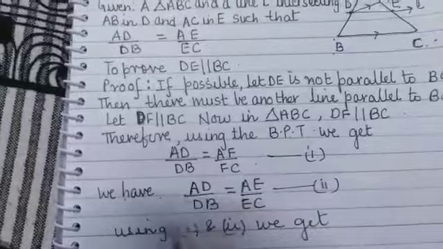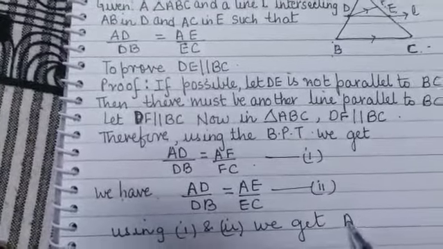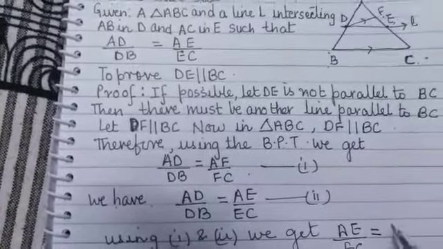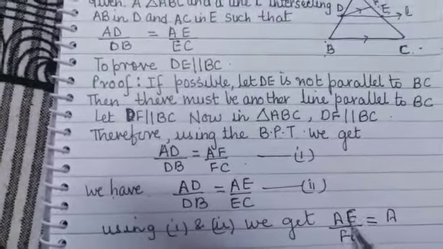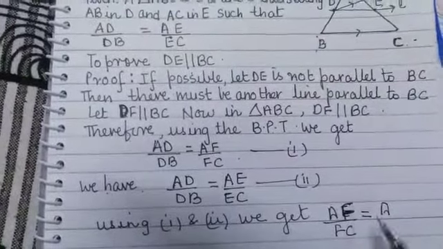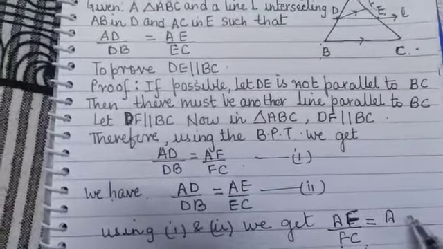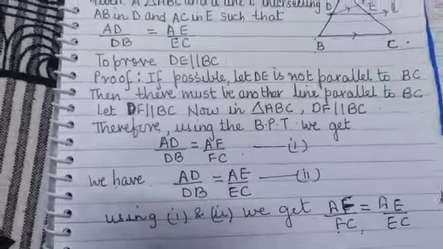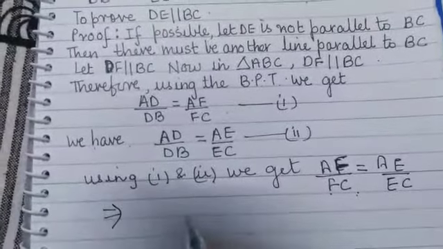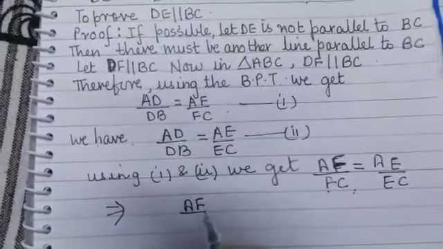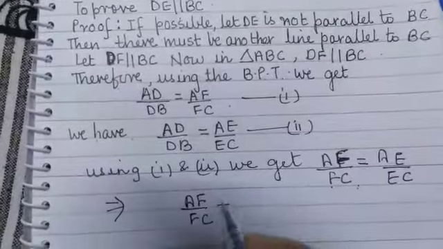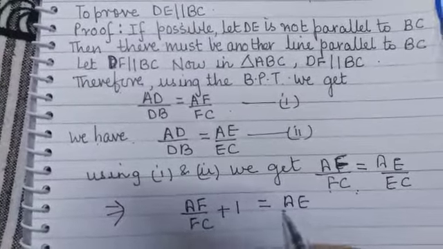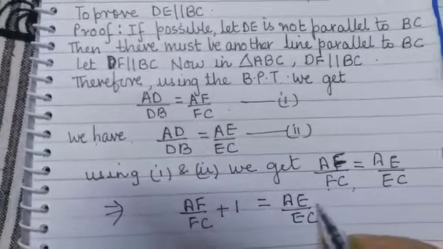AD upon DB, AB upon DB is there, so we get AF upon FC equals AE upon EC. Now adding 1 to both sides, it will be AF upon FC plus 1 equals AE upon EC plus 1.